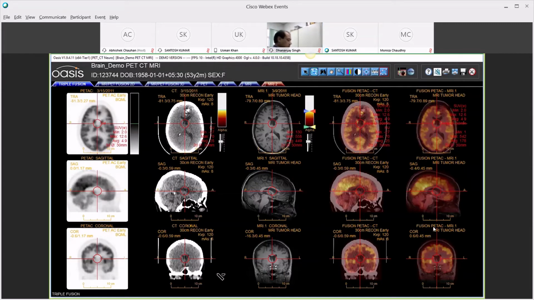In the first row there is a PET image, and another row there is a CT image, and third is an MRI, and then we get the fusion. That is the PET CT fusion, and another thing is the PET MR fusion also.